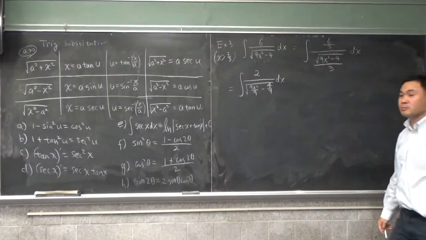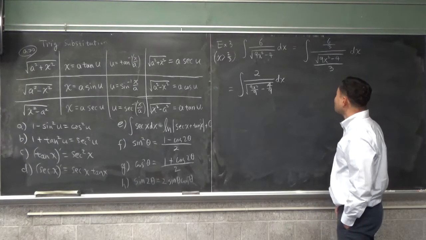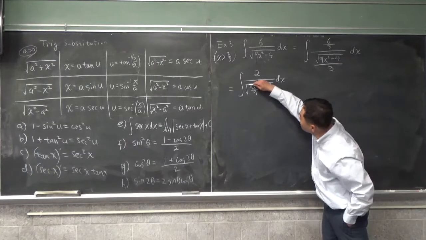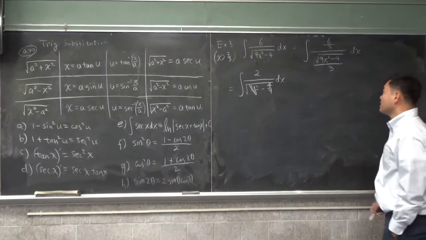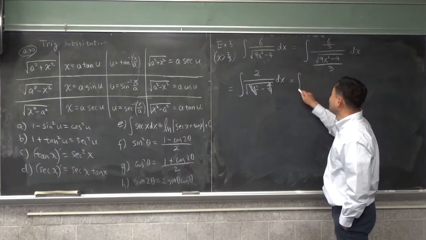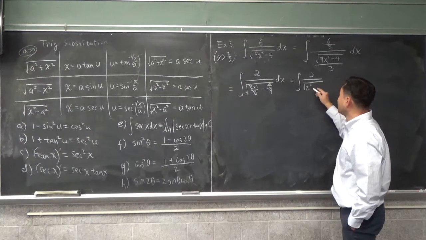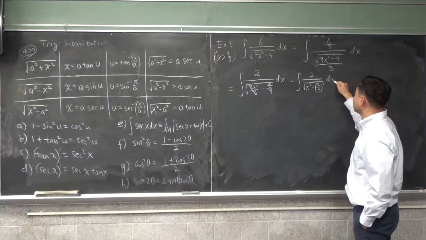I chose this 3 because when it goes inside the square root, it will cancel the 9 away. And you will end up with 2 over square root of x squared minus 2/3 squared dx.